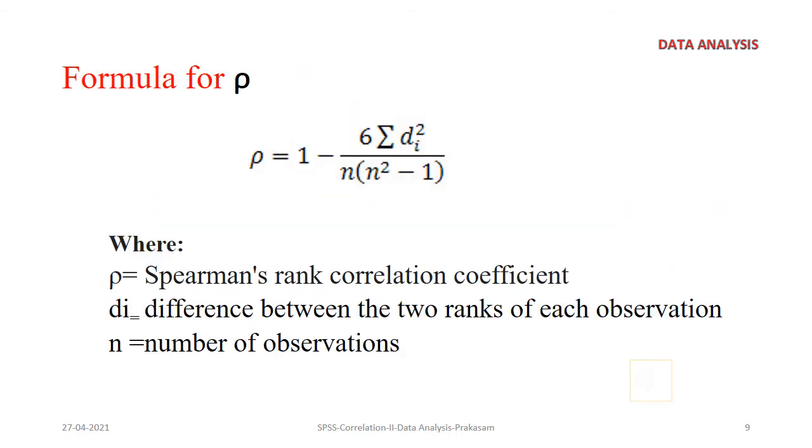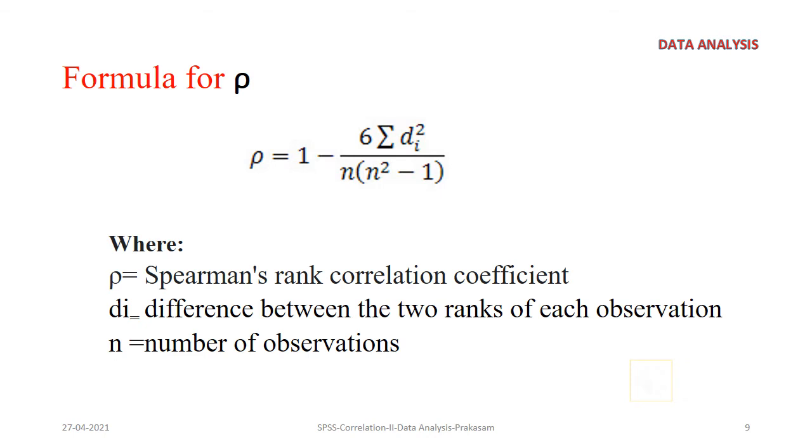The formula for rank correlation is rho equals 1 minus 6 summation of di square divided by n into n square minus 1, where rho is the Spearman's rank correlation coefficient symbol, and di is the difference between the two ranks of each observation.